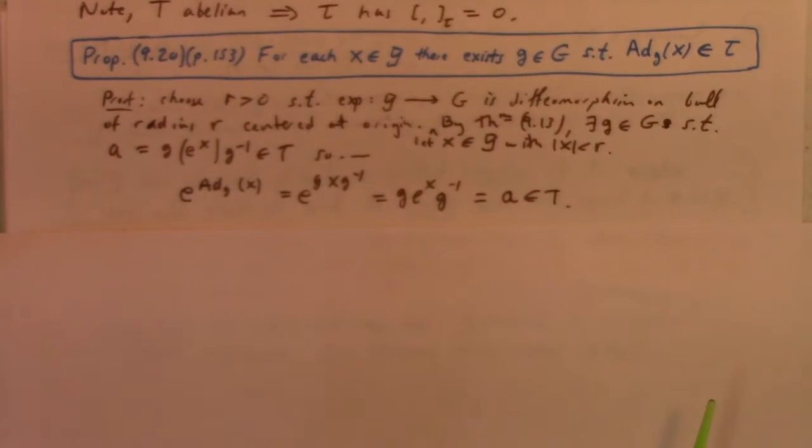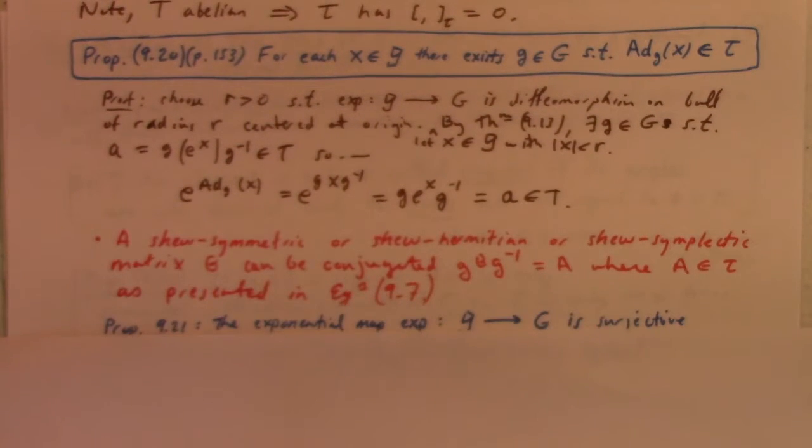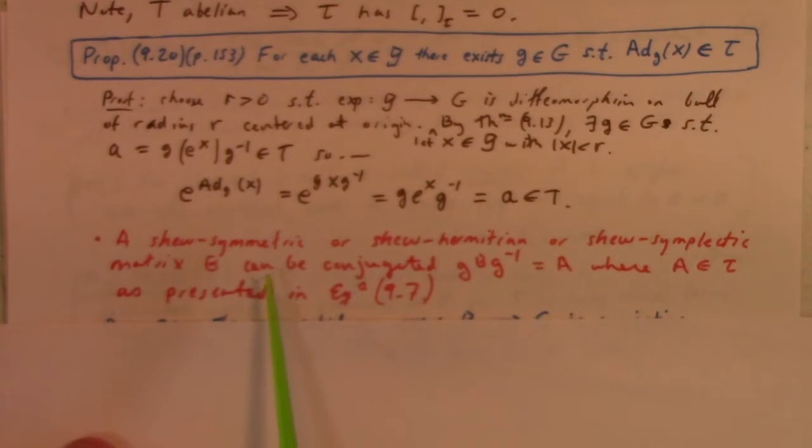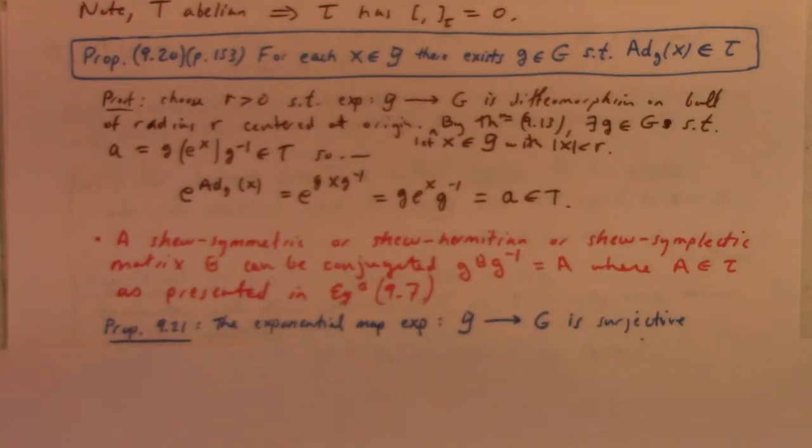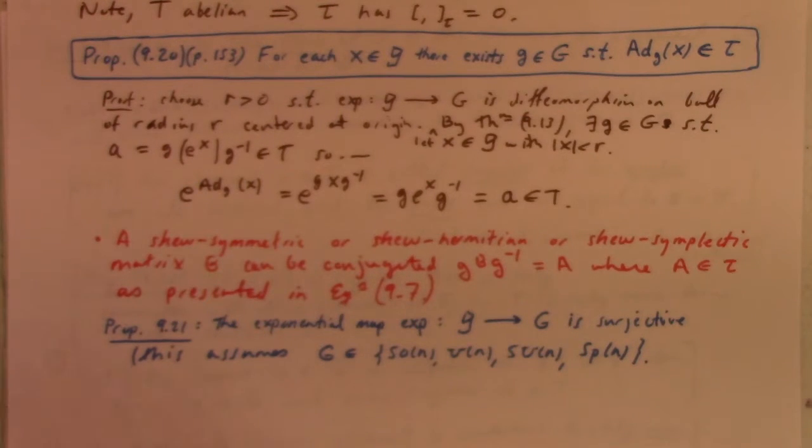All right, so a skew-symmetric or skew-Hermitian or skew-symplectic matrix B can be conjugated to be equal to A, where A is in the Lie algebra of the maximal torus, as presented in equation 9.7, which was the purple stuff I said earlier in this bit of the talk.